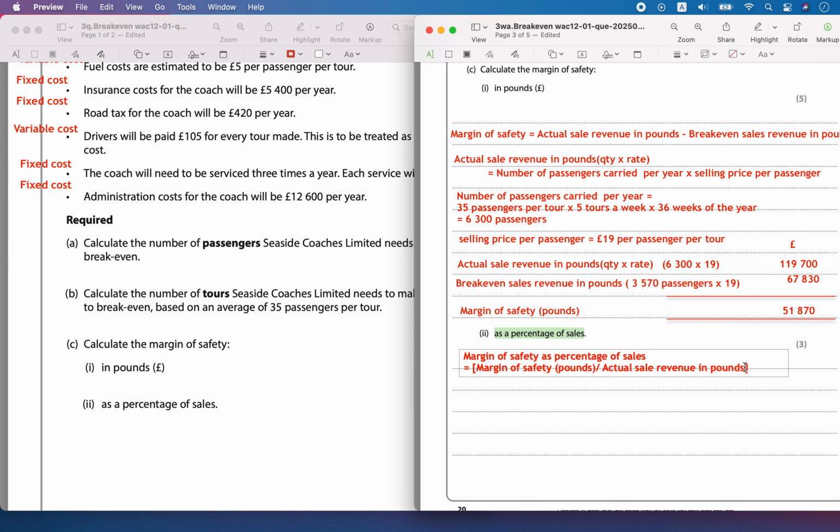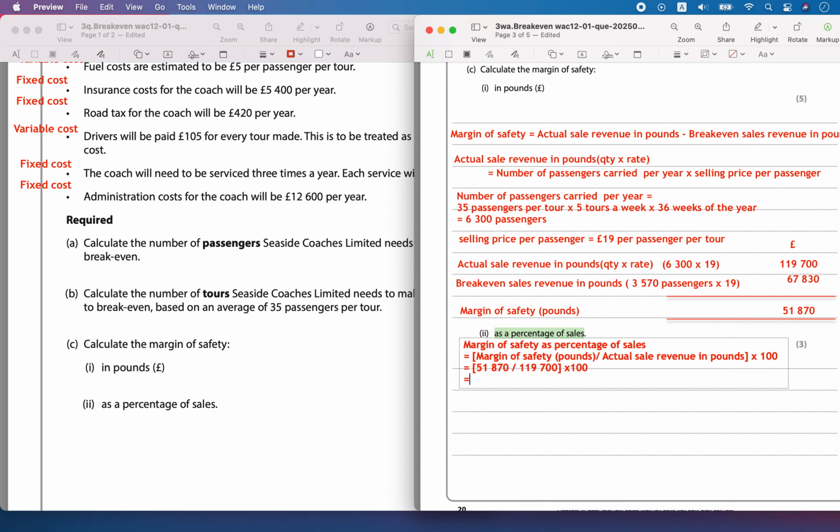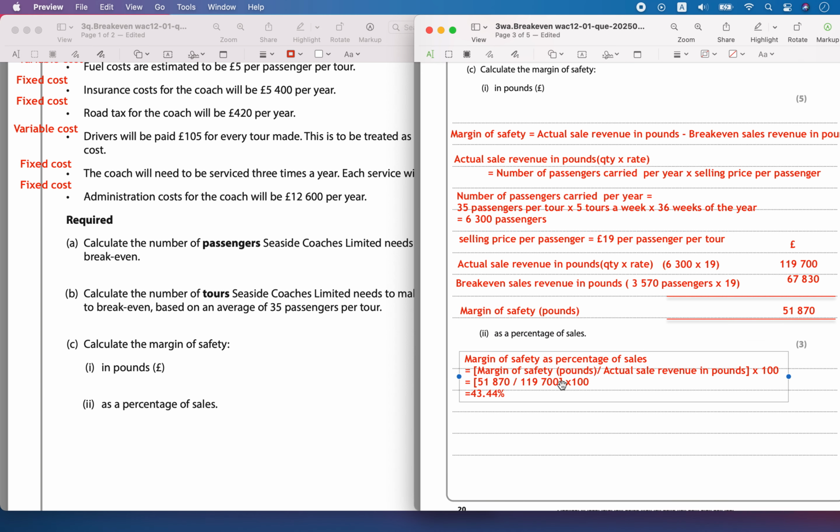So 51,870 divided by the actual sales of 119,700 times 100 is equal to 43.33 percent. They have a margin of safety of around 43%, well above the break-even.